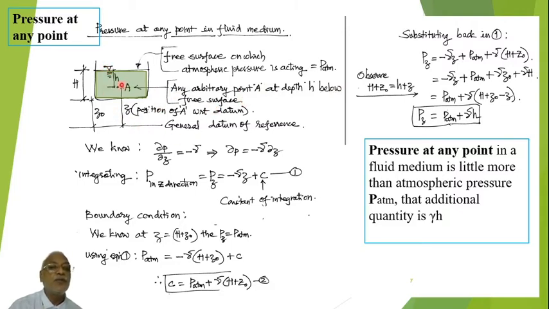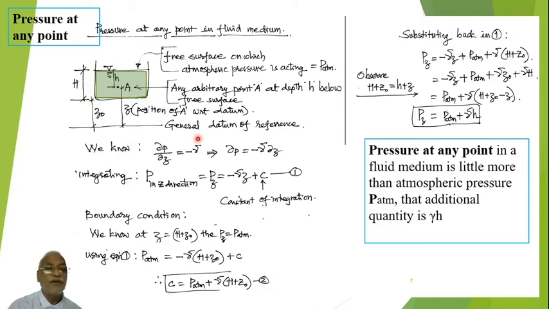With respect to some general datum of reference, let us put it as Z. The bottom of the liquid we will take as Z naught, and the total depth of the liquid as capital H.